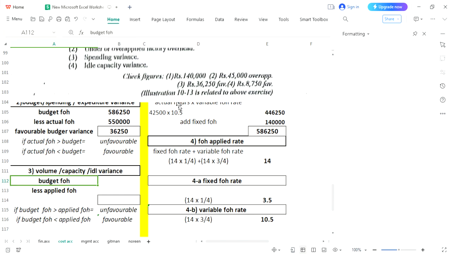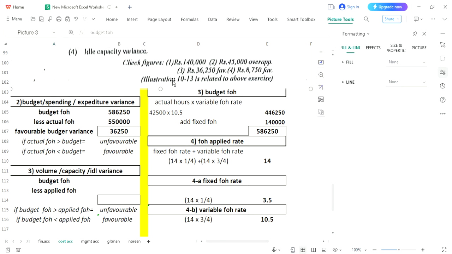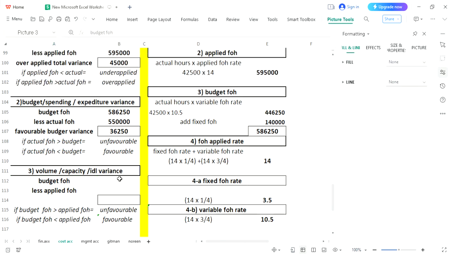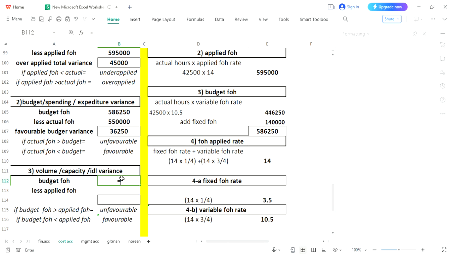We are now going to calculate our volume variance. For volume variance, what you need at first stage is budget FH. Here you have calculated your budget FH, highlighted area, please focus, and this is your budget FH, finally 5,86,250, put over here. And next you need applied FH.